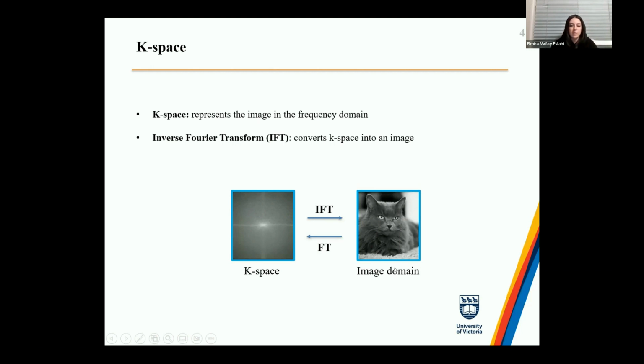But we can simply convert these two images, for example, you can convert images in image domain by Fourier transform to images in frequency domain or K-space, and vice versa.